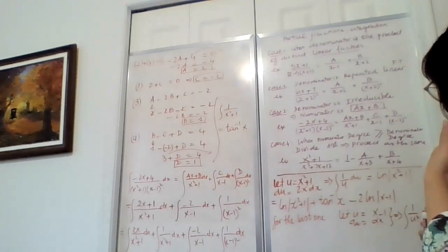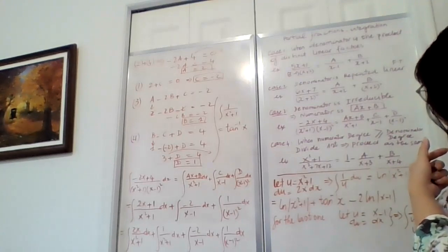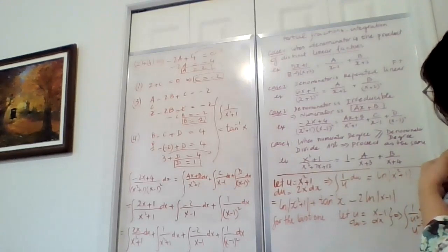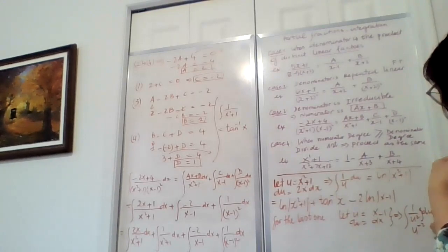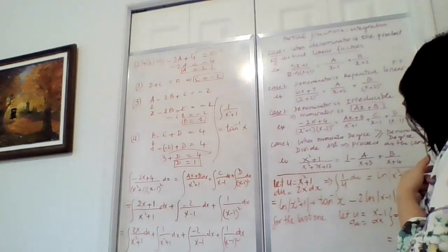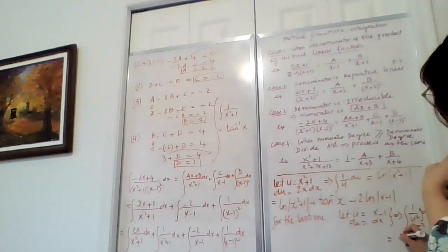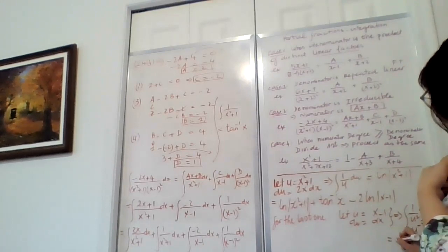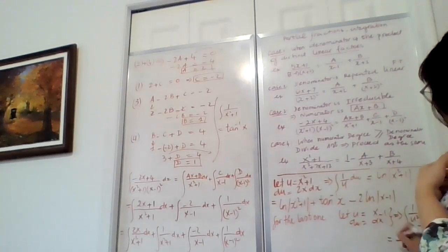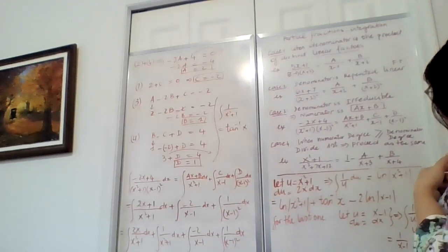So 1 over u squared, I can bring it to the top, becomes u to the minus 2. So adding to the power 1 when we integrate, the antiderivative will be minus 1, so u to the minus 1. And u to the minus 1 is just 1 over u. And we say let u equal x minus 1, so just 1 over x minus 1, plus c.